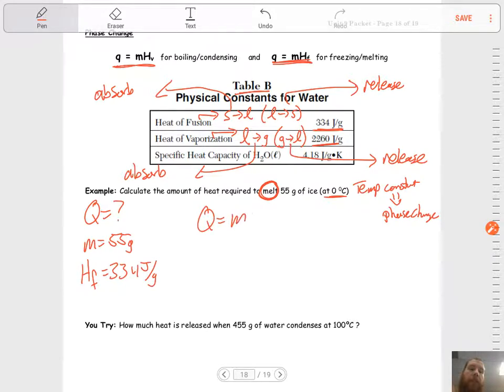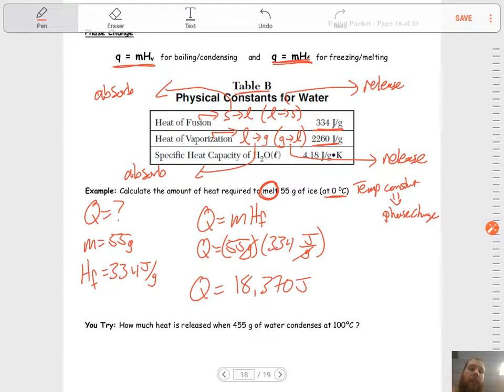Now let's just plug and chug. Q equals MHF. Q equals 55 grams multiplied by 334 joules over grams. Grams will cancel out, leaving us just joules. So when I do this math, my answer should be 18,370 joules.